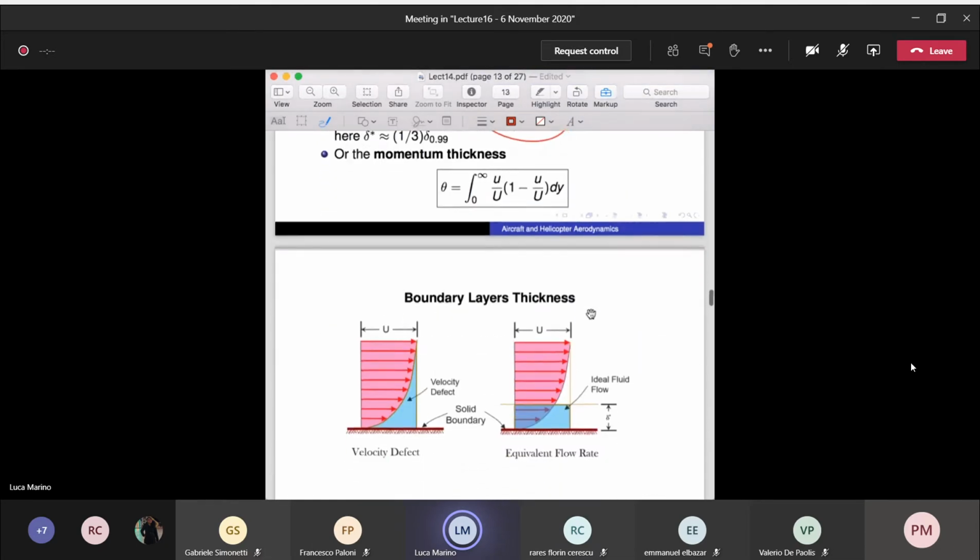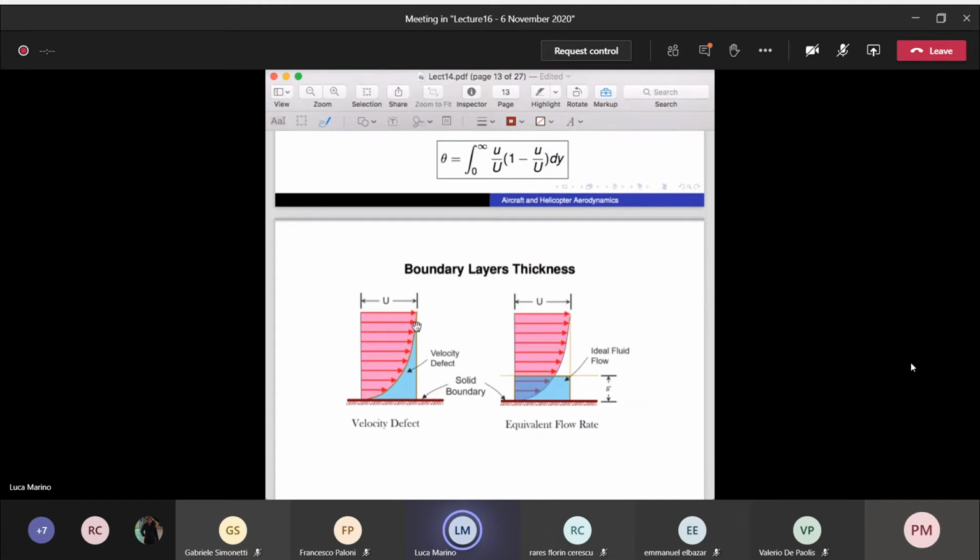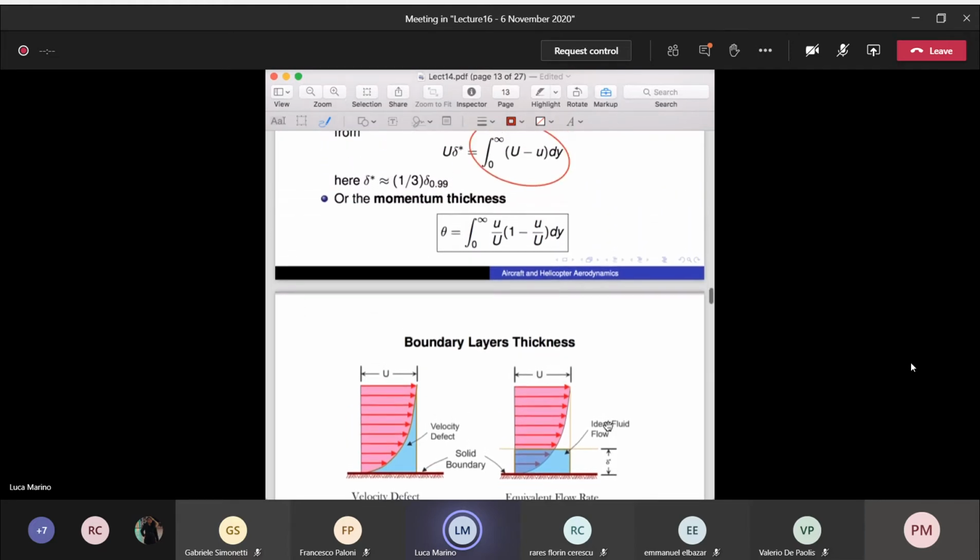So you have to measure at a distance which is a little bit bigger with respect to the previous one to have the same flow rate, as it is written here, okay?